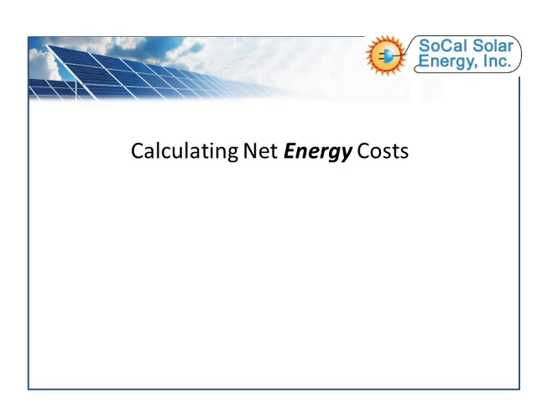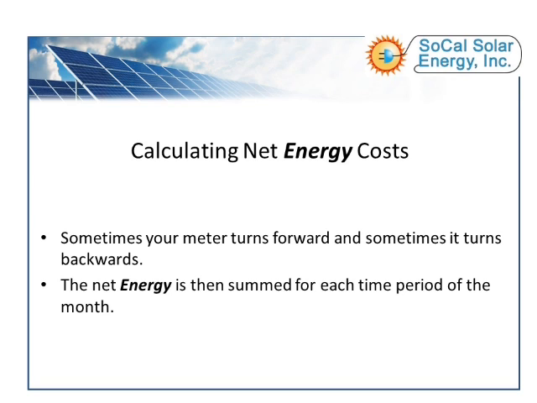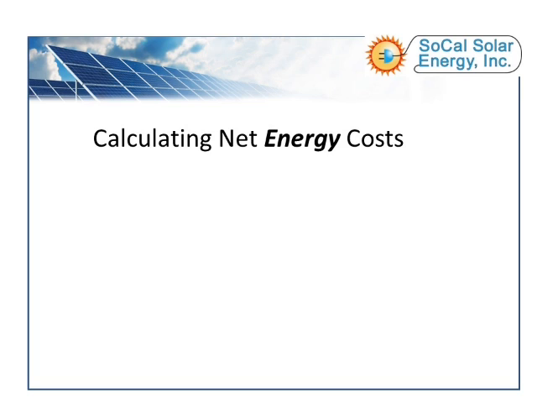Now we're going to talk about calculating your net energy costs. One thing we're going to talk about is how sometimes your meter turns forwards and sometimes it turns backwards. We're also going to discuss the net energy that is summed for each time period of the month. So let's calculate these net energy costs.